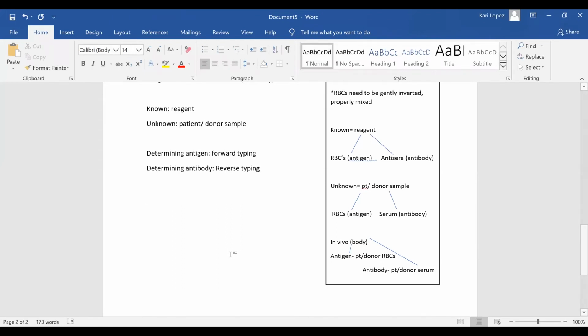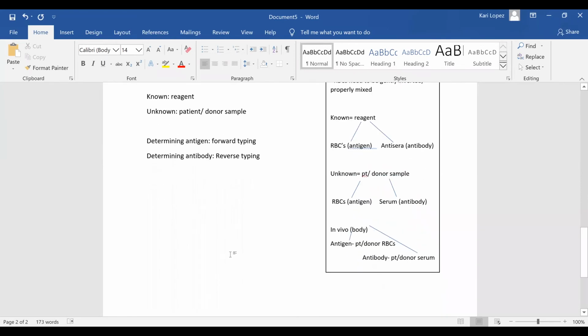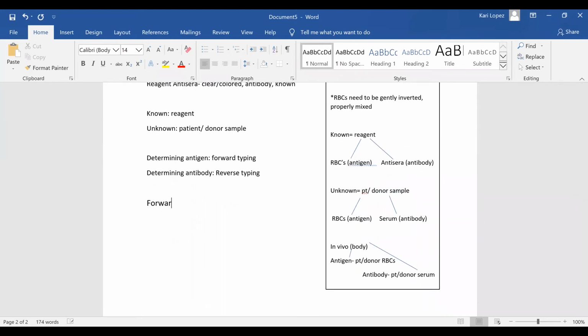Now, once you have these down, you can start with your forward typing. What is forward typing? It's going to be your big guy, your antigen. It determines if an individual possesses certain antigens. What is that going to be equivalent to?